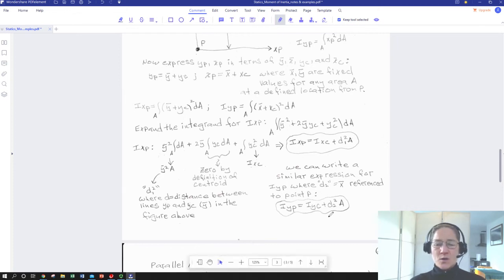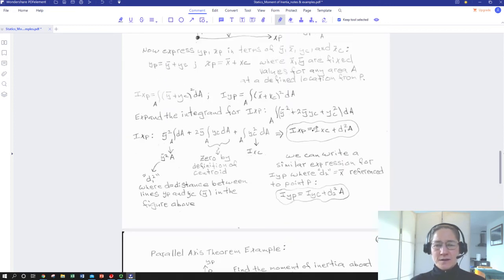And we can create a corresponding formula for the moment of inertia around the y-axis through any point. So these two expressions are the parallel axis theorem for the x and y axes. It's also known as the transfer theorem, because you are transferring that moment of inertia from an axis that goes through the centroid to an axis that goes parallel to it, that goes through anything else.